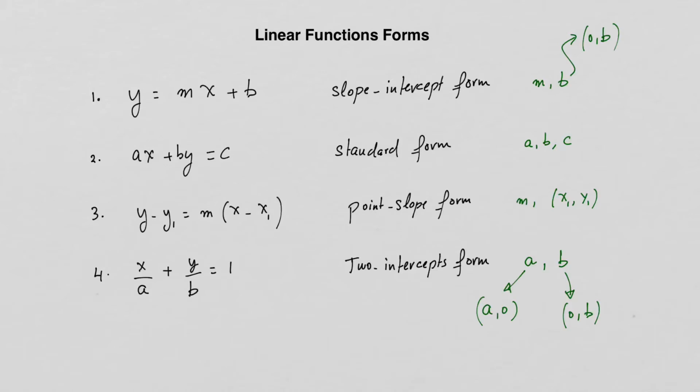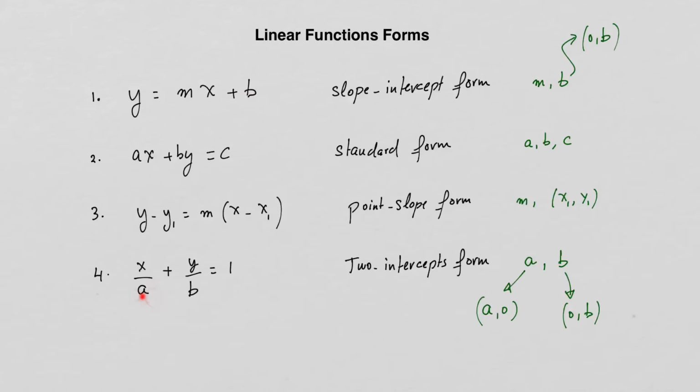Then the last one, which most likely you're not familiar with, it's called the Two Intercepts form. This A is the x-intercept. It's where the line hits the x-axis. And this B is the y-intercept, where the line hits the y-axis. This B is the y-intercept, like that B, literally.